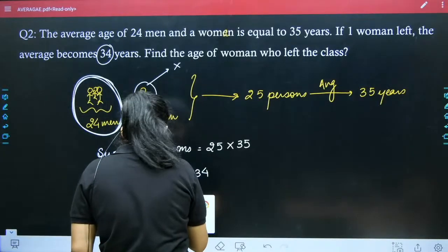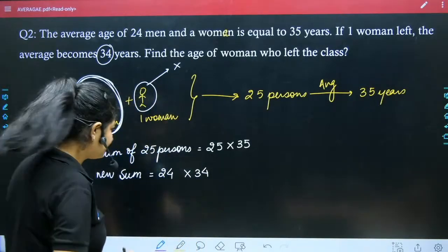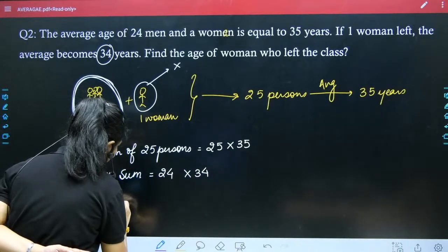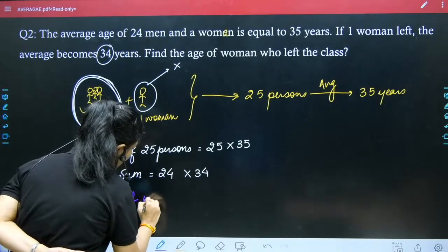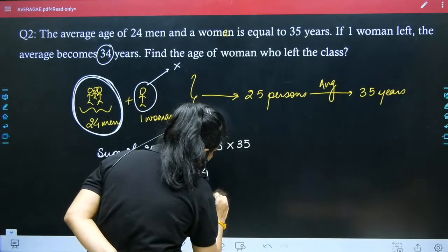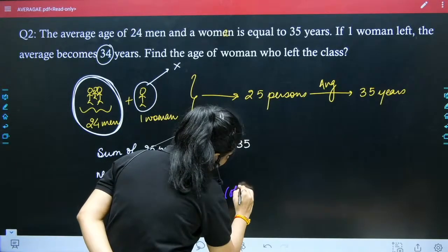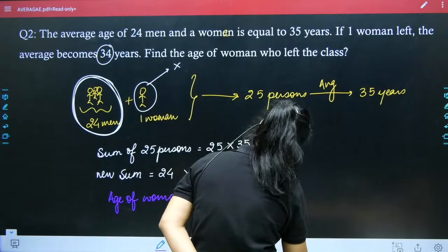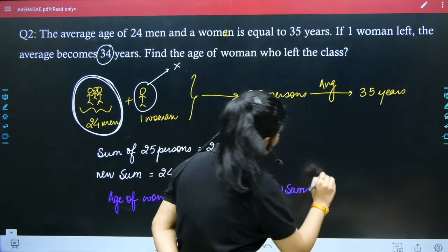Now to calculate the age of the woman, that is equal to the old sum minus the new sum, and this will give my answer.